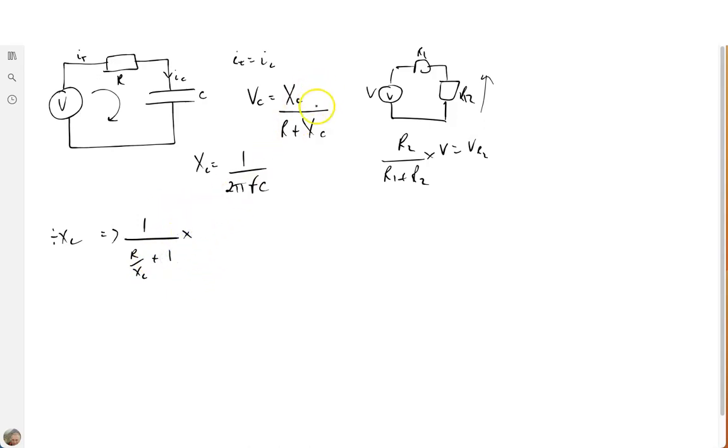And that's obviously going to all be multiplied by our supply, V. Now, XC is 1 divided by 2 pi FC, so we can flip the 2 pi FC back onto the top of this. So this actually ends up as follows.